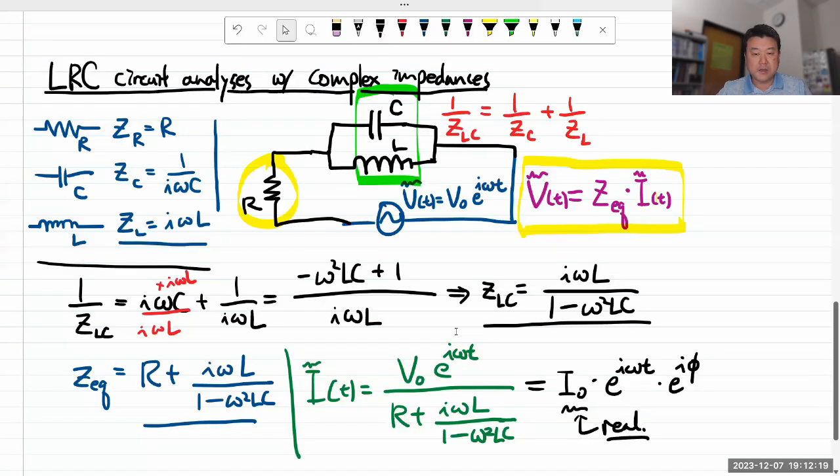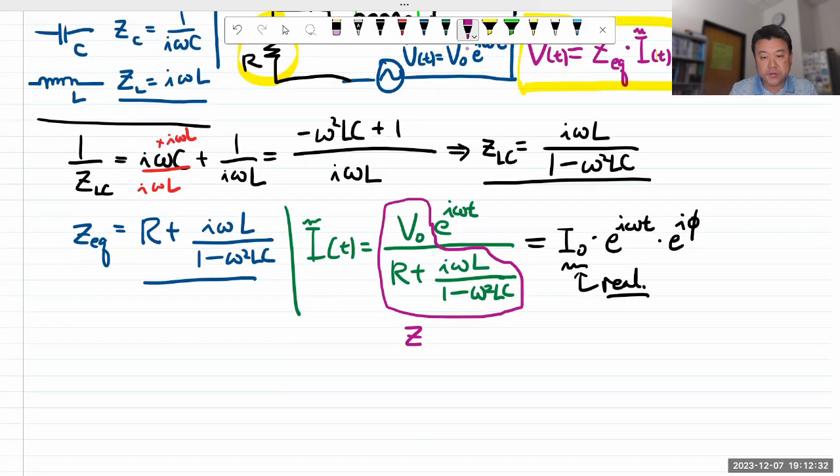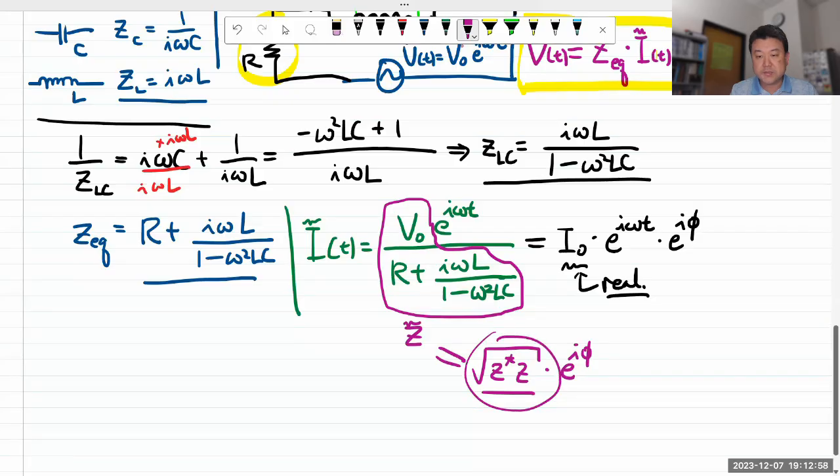In trying to get that number, we can take this as my complex number g, and if we calculate the square root of g complex conjugate times itself, that'll give me a number such that, let me write it out this way, the complex number g can be expressed as this real number times a complex phase factor. So if I compute this, that'll give me the amplitude of the current.